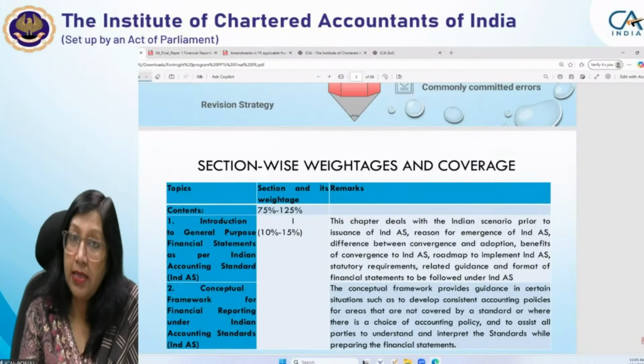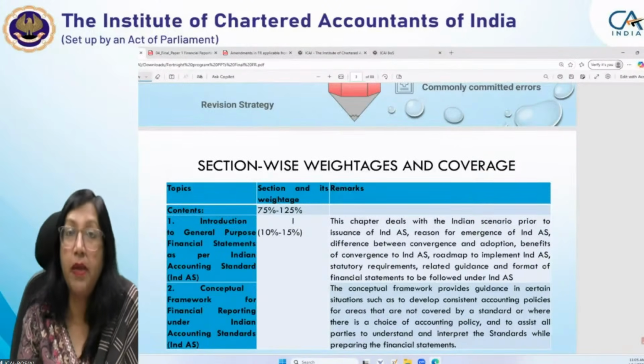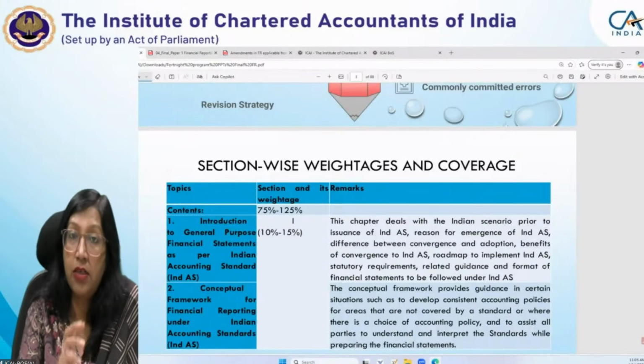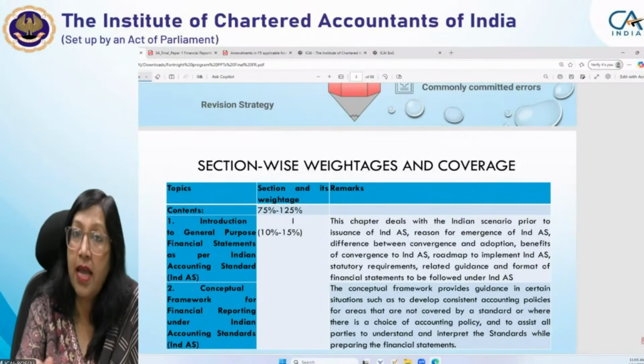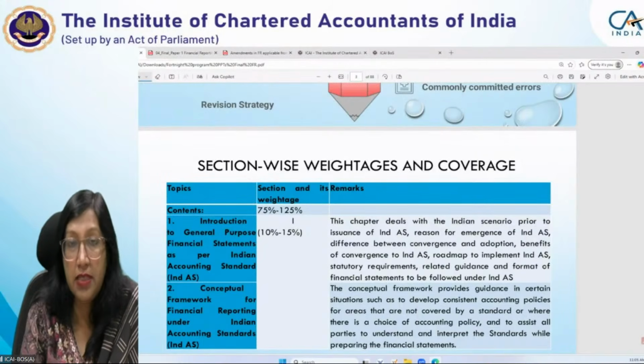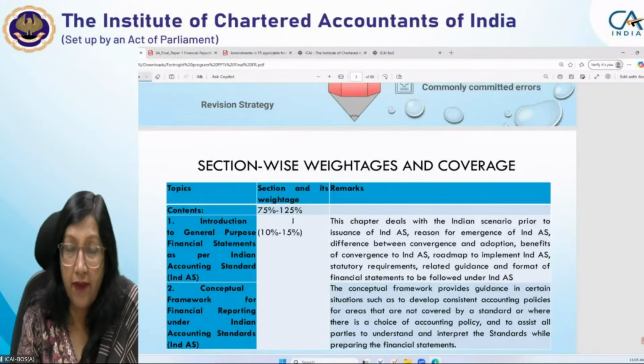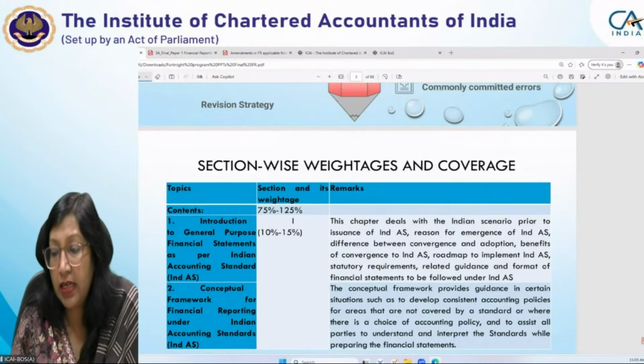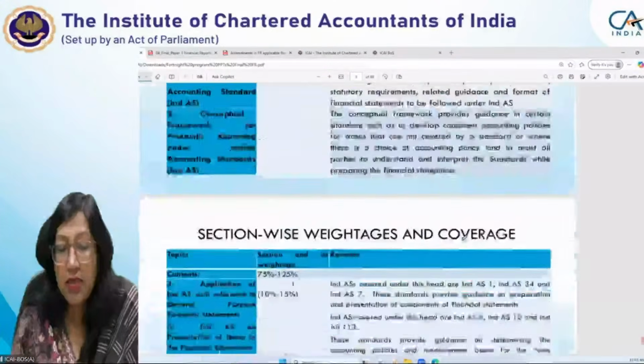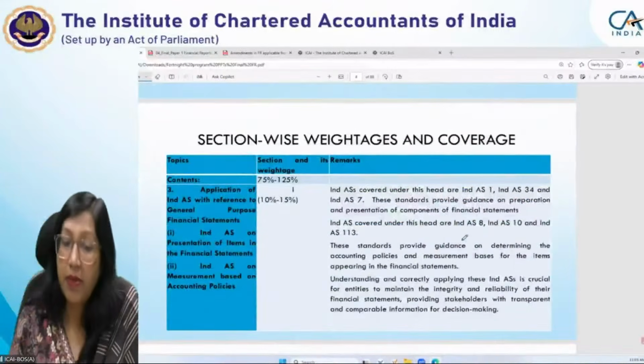If any section has only one topic, for example, section 2 in Ind AS based on income statement, we have only one standard there, that is Ind AS 115. So if that particular section has a weightage and only one standard is there, then definitely that topic is important.